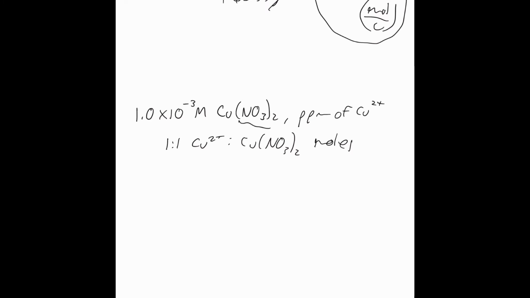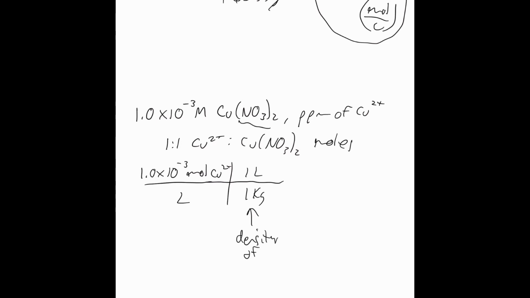So that means the concentration of copper 2 plus that we generate would be 1.0 times 10 to the minus 3 moles of copper 2 plus per liter. So that's our molarity. And then we're going to use our density. So this is the density of water, which is our solvent. And then we get rid of our liters, and we put it in kilograms.